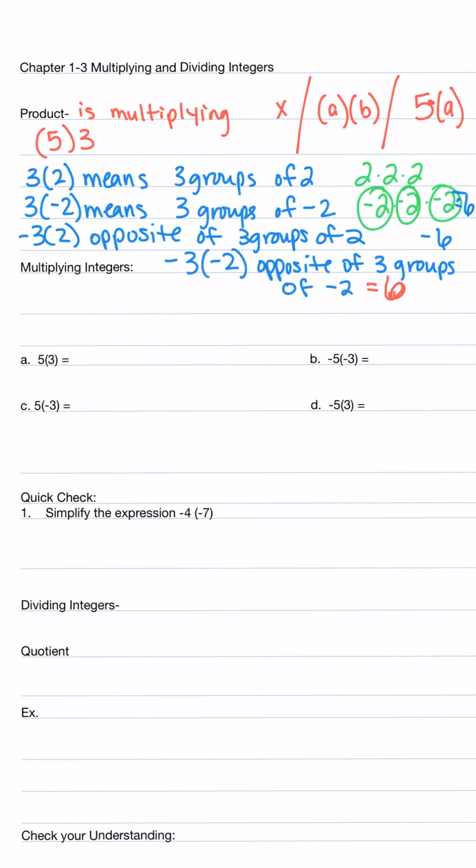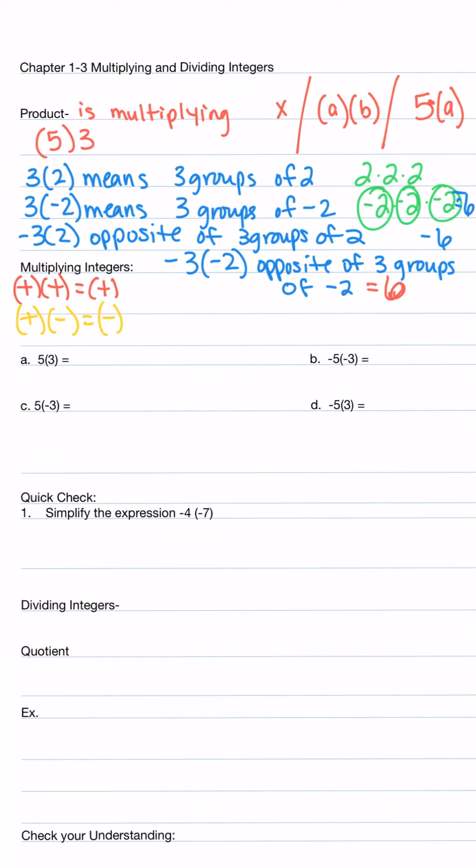Okay, so multiplying integers. If we have 2 integers with the same sign, it equals a positive. So a positive times a positive is going to equal a positive. If we have a positive times a negative, it's going to equal a negative.